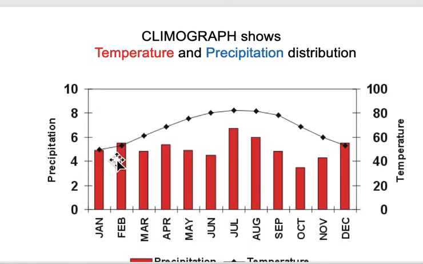The temperature is always a line graph, and to read the temperature, I'm going to have to go over here to the right side y-axis. So what's the temperature in July? Average temperature, it's going to be about 80 degrees. So that's how I read a climograph, and we'll be getting more practice interpreting climographs later on.